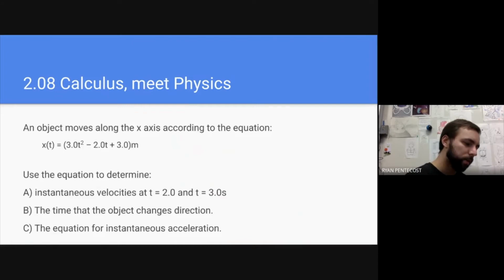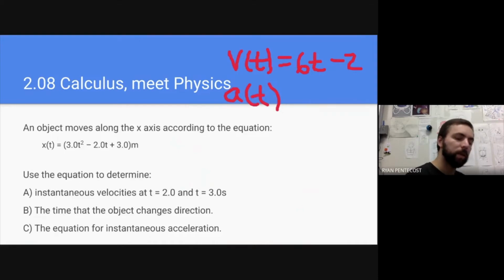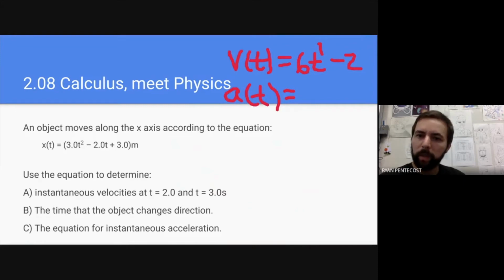So let's say we have v of t equals 6t minus 2. Acceleration with respect to time, you'd take the derivative of that. So what would be the derivative of 6t? Well, you imagine that there is a 1 up above that t. Multiply 6 by 1, you get 6. Then decrease the exponent of your t.